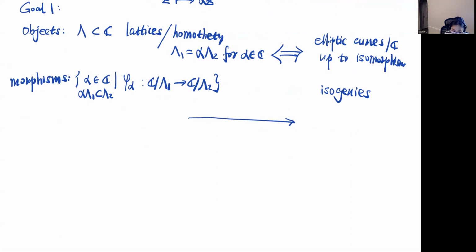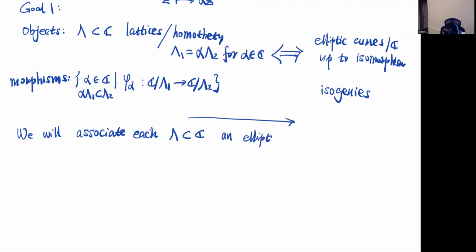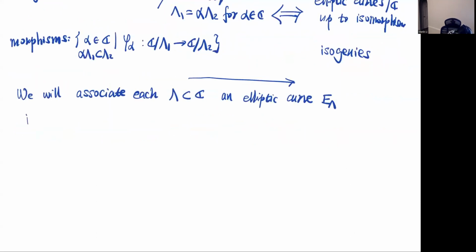We're first going to try to associate to every lattice lambda inside my complex plane C an elliptic curve E lambda.